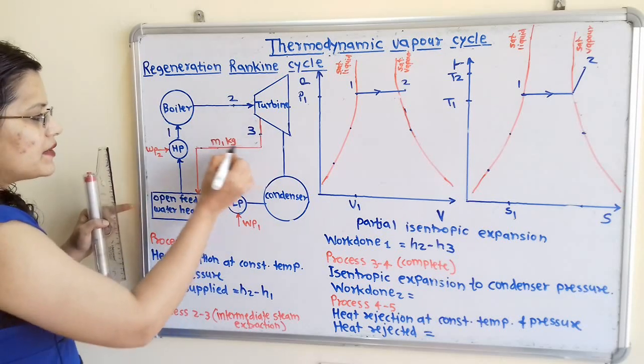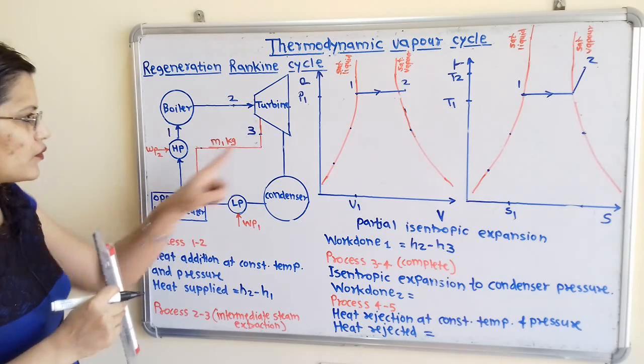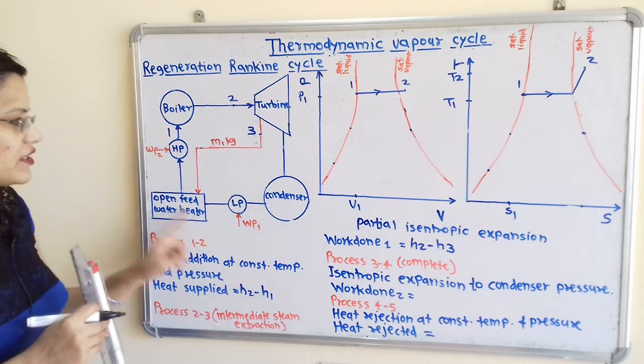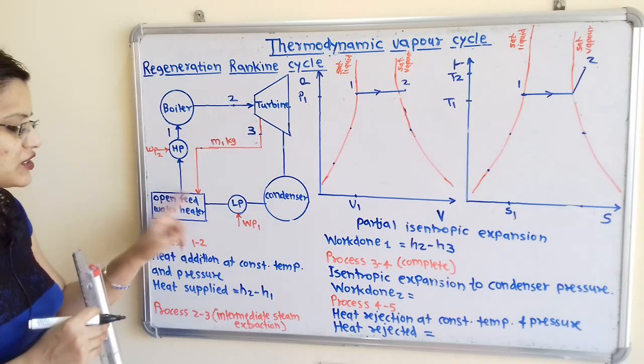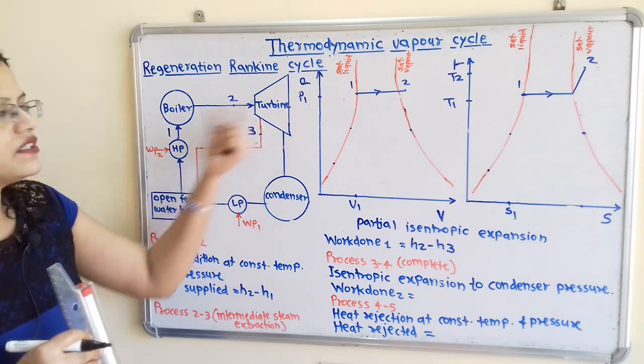and this steam is passing to the open feed water heater. So we have to show from turbine to open feed water heater, this steam extraction is taking place. So here is the partial expansion.